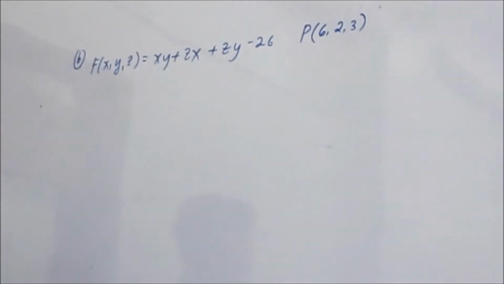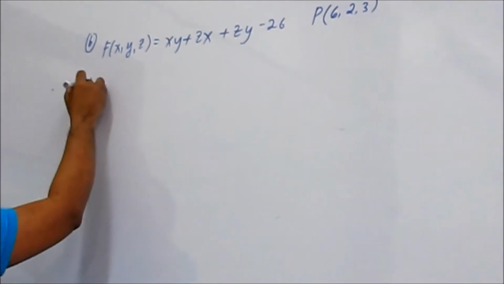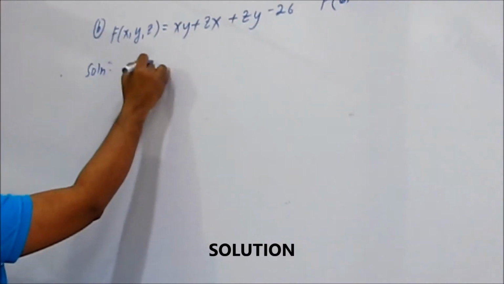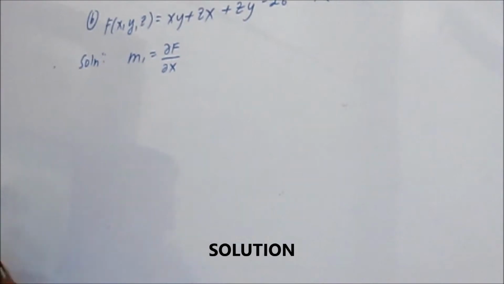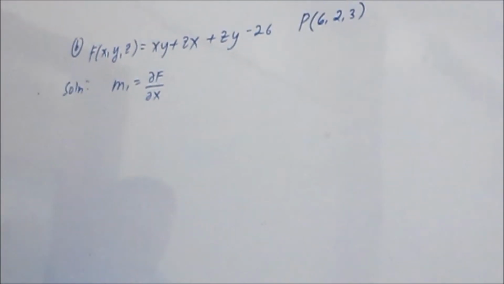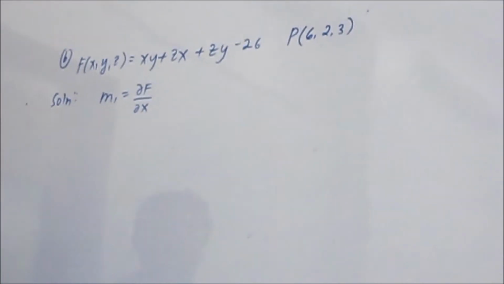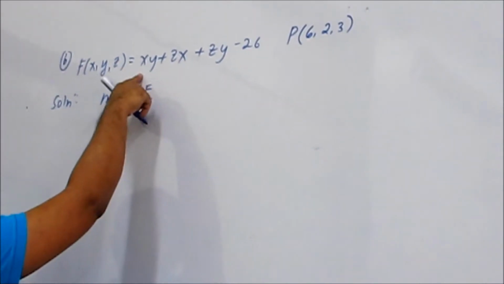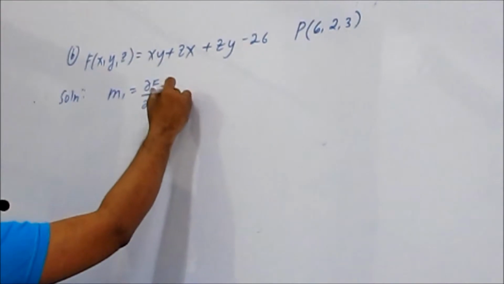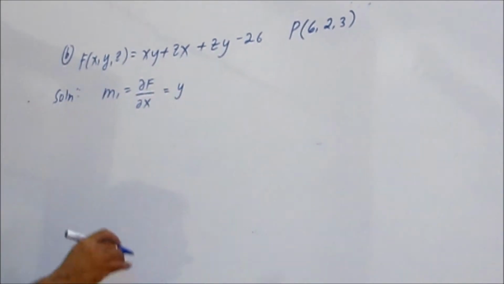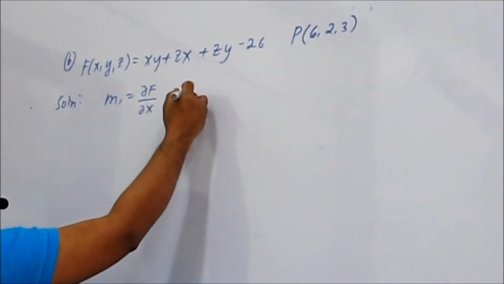Okay, so let us first define m1. For m1, it is the partial of f with respect to x. So what are our constants? We have y and z as constants. For the first term, differentiate with respect to x: copy the constant, which is y, then differentiate x, which is equal to 1.